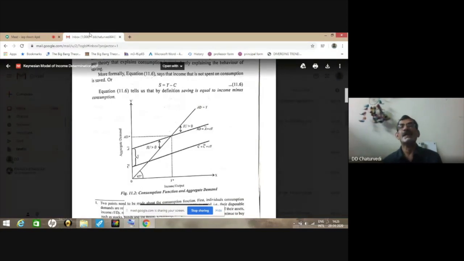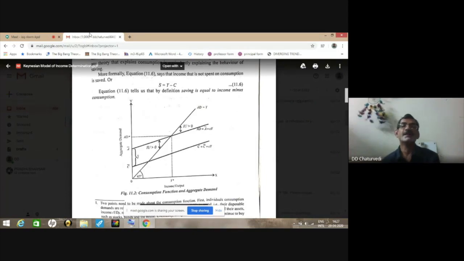So in this diagram, we are assuming that the consumption function starts from the positive y-axis. In this diagram, it is starting from C bar. This intercept on the y-axis indicates autonomous consumption, that is, the level of consumption when the income level is 0.